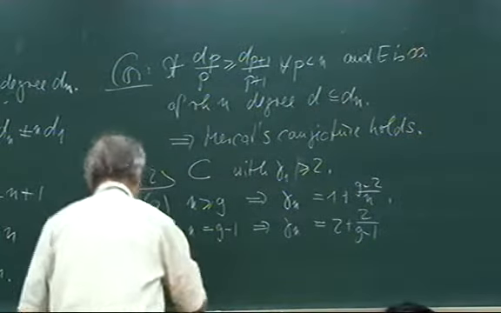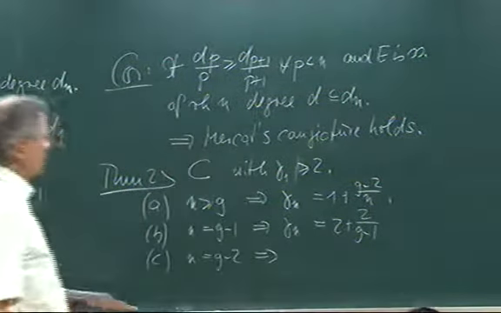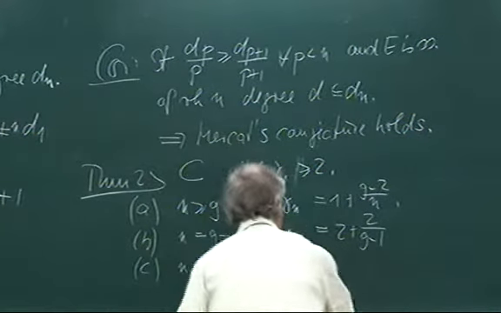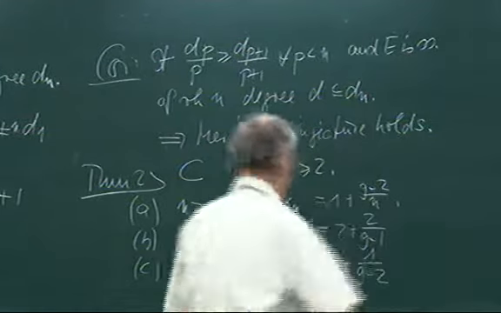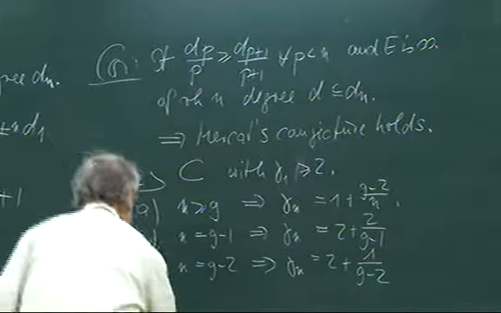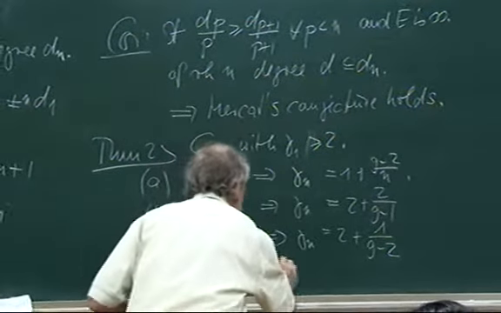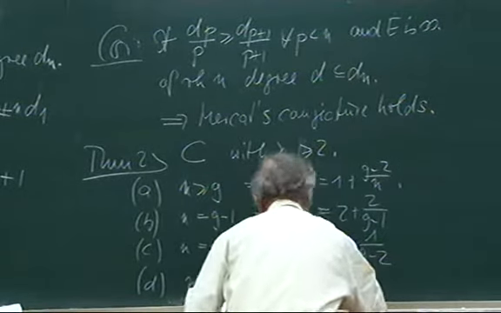C, if n is equal to g minus 2, then we get gamma n is equal to 2 plus 1 over (g minus 2). And D, if n is equal to g minus 3, we get that gamma n is equal to 2.